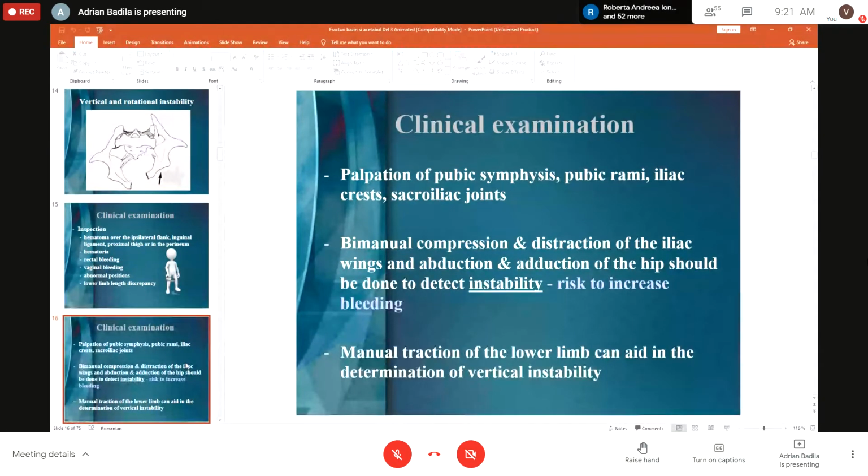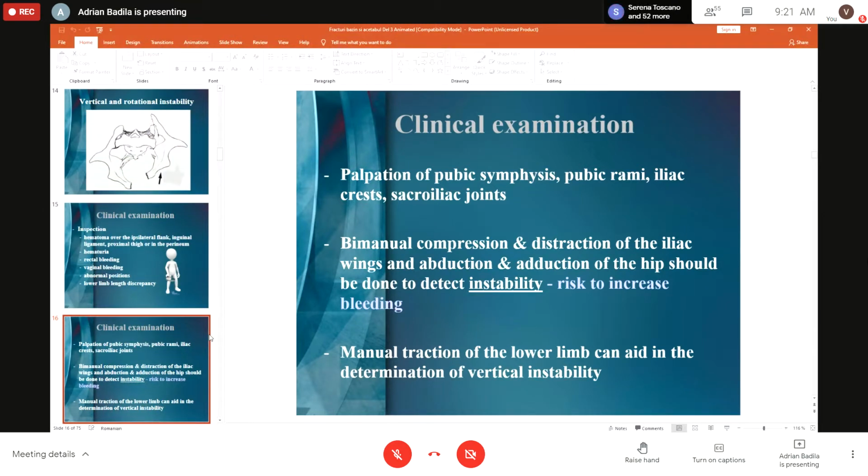We can palpate the pubic symphysis, the pubic rami, the iliac crest, and the sacroiliac joints. There is a maneuver called the bimanual compression and distraction of the iliac wings, and also abduction and adduction of the hip.